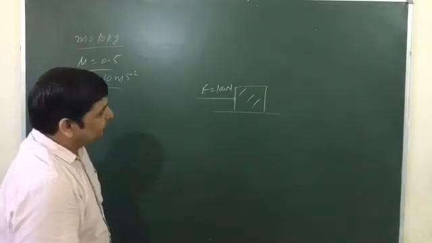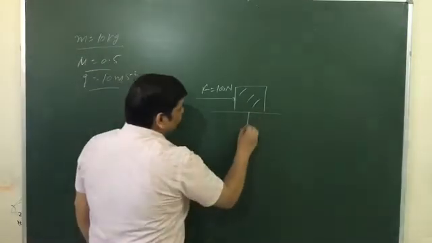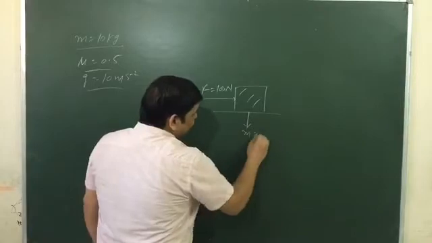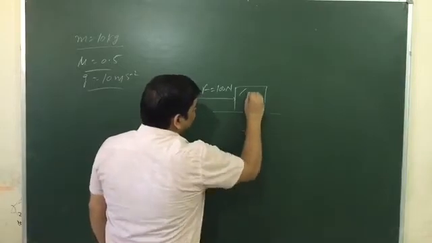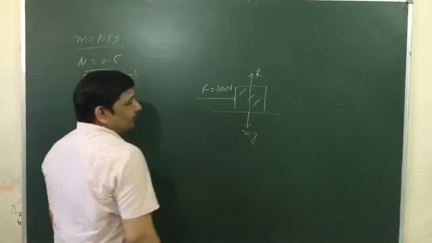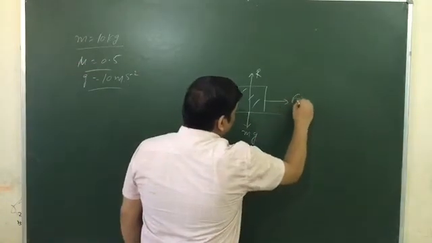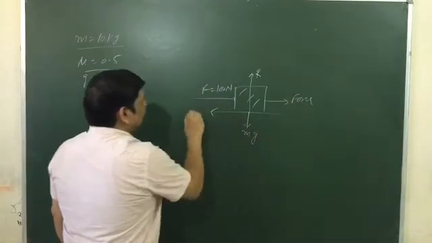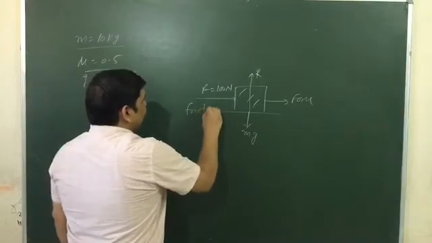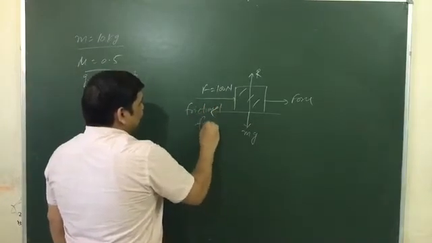First of all, we know that the weight of the body acts perpendicular downwards, and the reaction acts perpendicular upwards, along with the direction of force and the direction of frictional force.